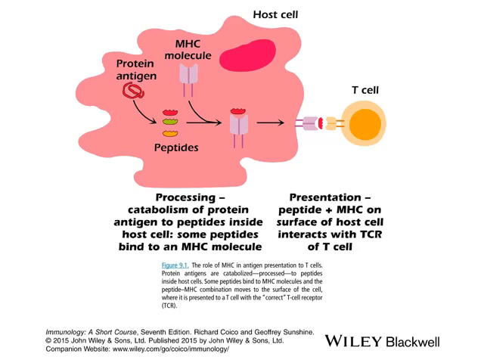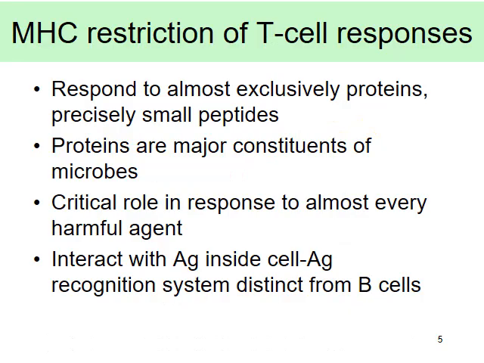So this ability of the T cell to only see the antigen when it is present on MHC, we call MHC restriction. That's what we say, restriction. So it's already restricted. We call it MHC restriction of T cell responses.